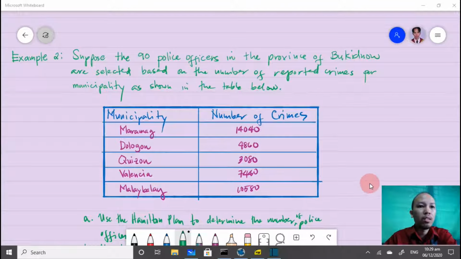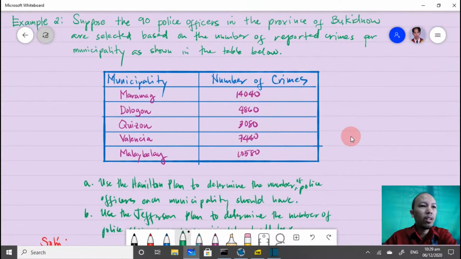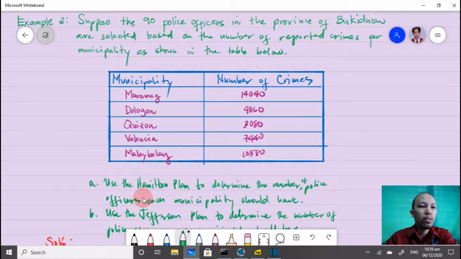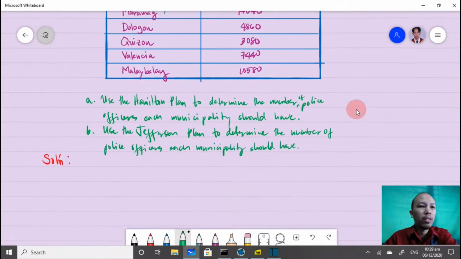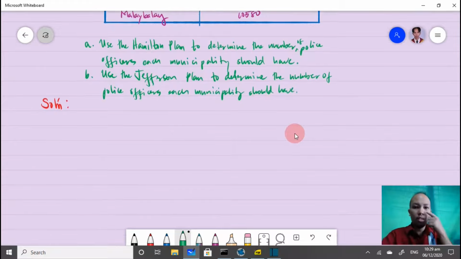Then you are going to calculate, using the Hamilton plan, the number of police officers each municipality should have, and also using the Jefferson plan. So this is the solution.